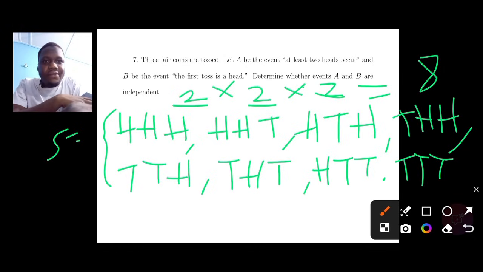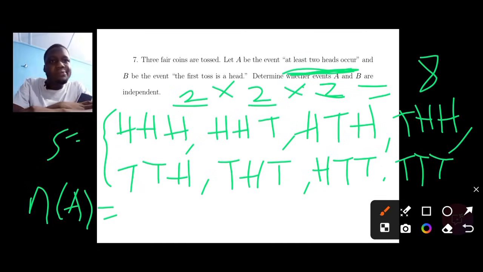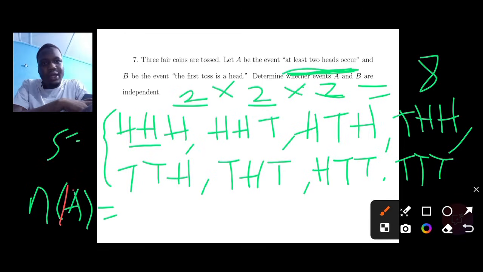Now let's find the number of outcomes in A. A is saying that at least 2 heads occur. So 2 heads or 3. At least 2, so 2 or more. So this is 1. So for A, this is part of A because it has 2 or 3 heads.